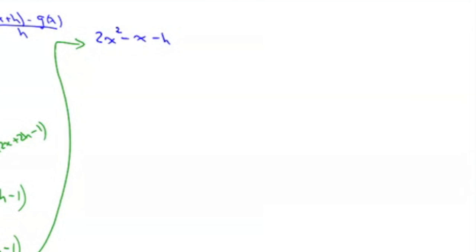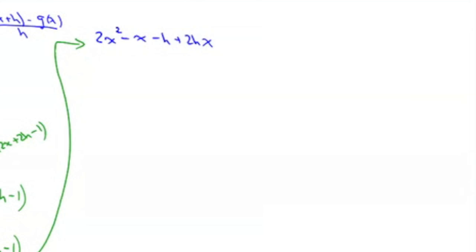It's 2x squared, minus x, minus h, and then a plus 2hx. Oh, you went out of order. First, outer, inner, last. Well, it's out of order, but it doesn't matter.